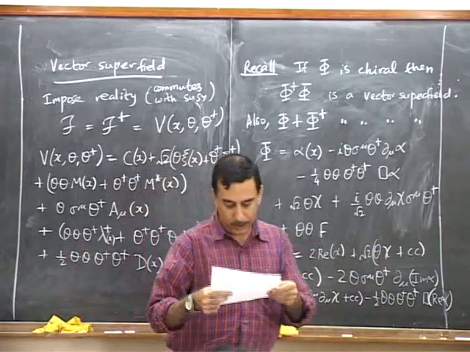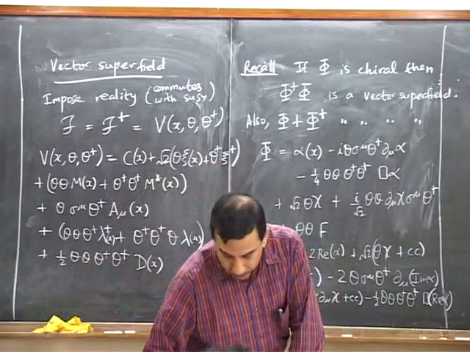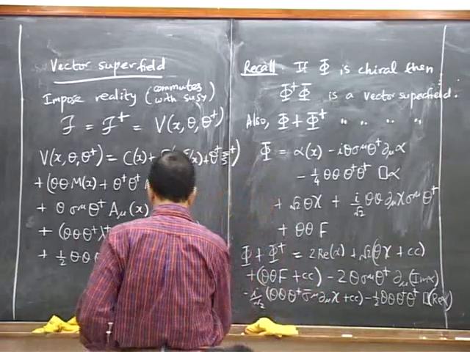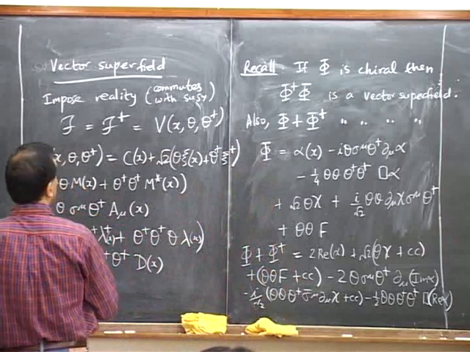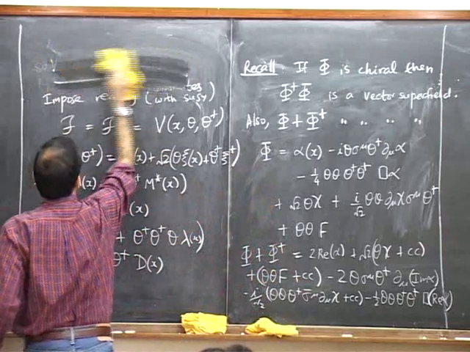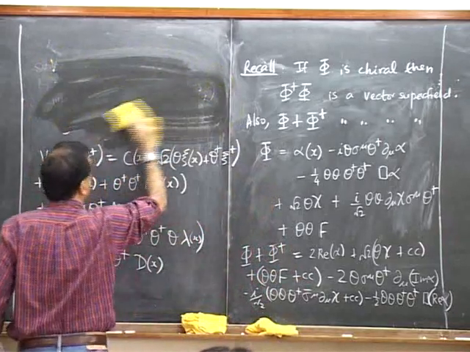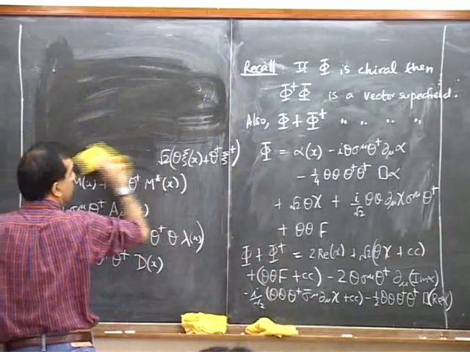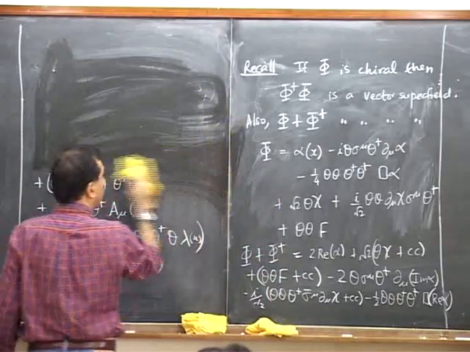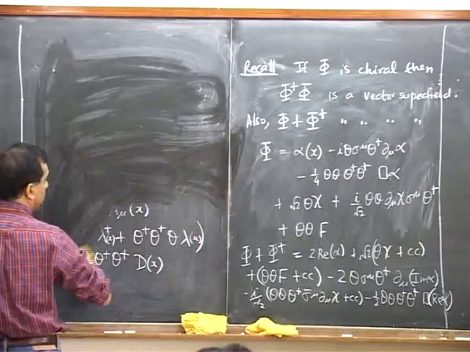So this is phi plus phi dagger. But I haven't told you why I've written phi plus phi dagger at all. And the reason is that it's a vector superfield, but it contains the independent degrees of freedom of a chiral superfield, which are less in number.